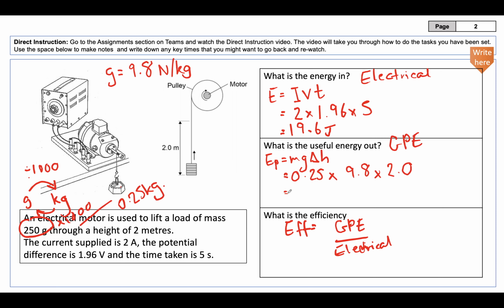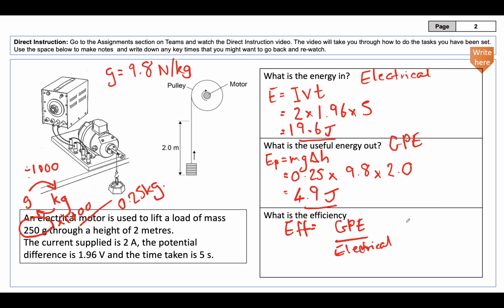So 0.25 times 9.8 times 2, that gives me 4.9. And again, it's going to be joules. Remember, it's a capital J, not a lowercase j. If I use the lowercase j, I would not get the mark.